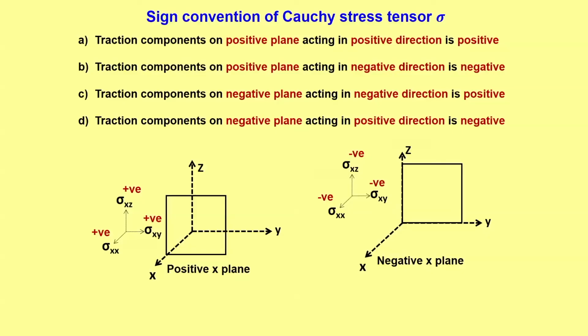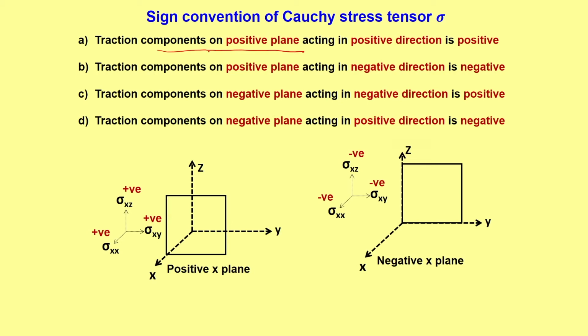Now, having said that, we need to define some sort of sign convention of Cauchy stress tensor. The given sign conventions are for the traction components on positive plane. We have already marked what is a positive plane.